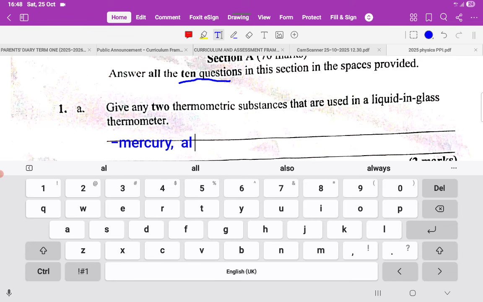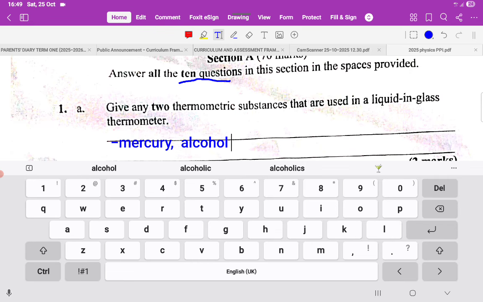So mercury and alcohol are the 2 liquids used in liquid in glass thermometers, whether a clinical thermometer, the common laboratory thermometer, or others.